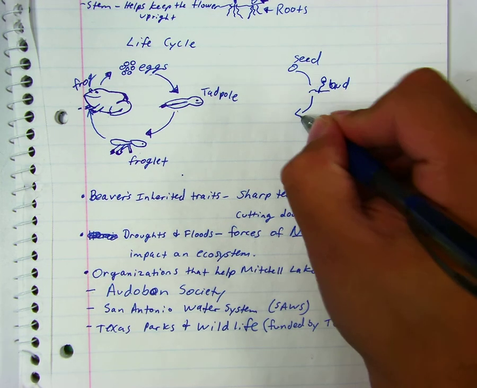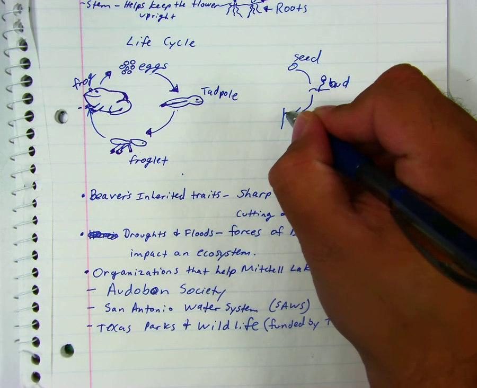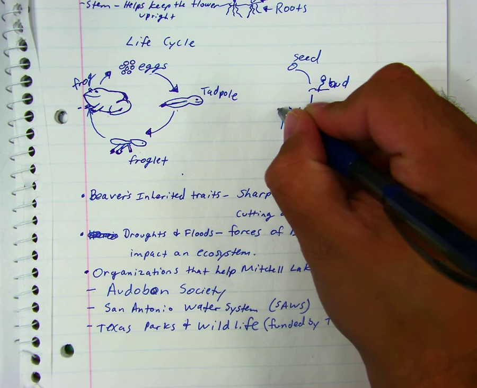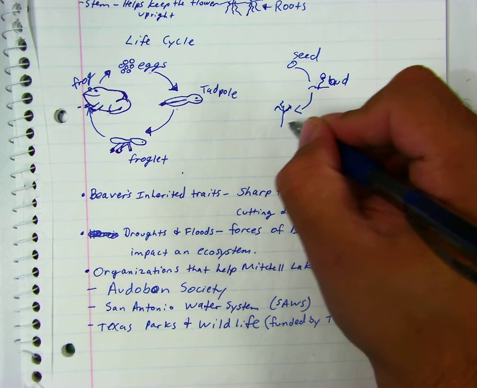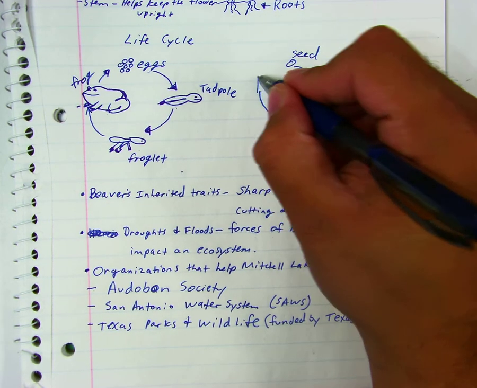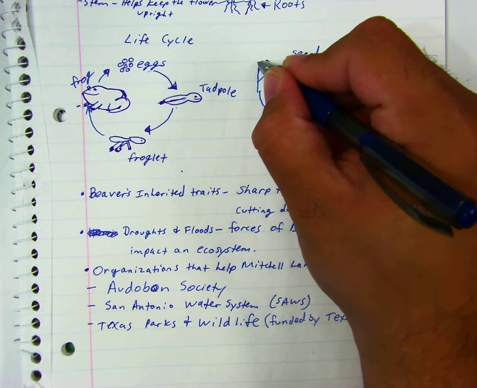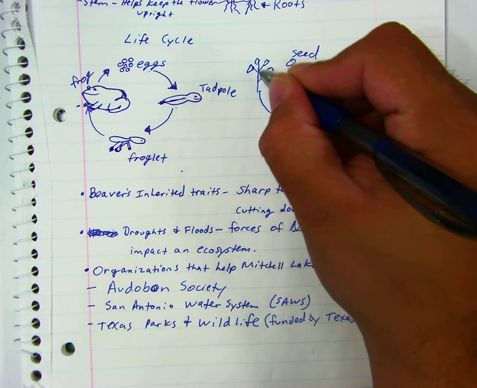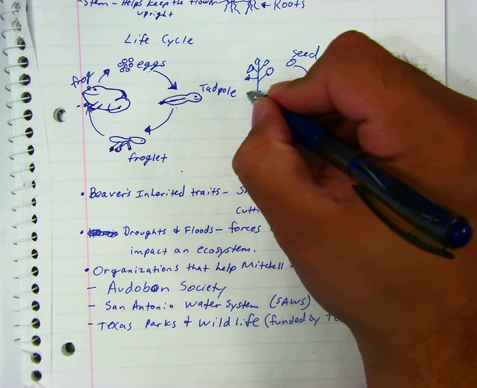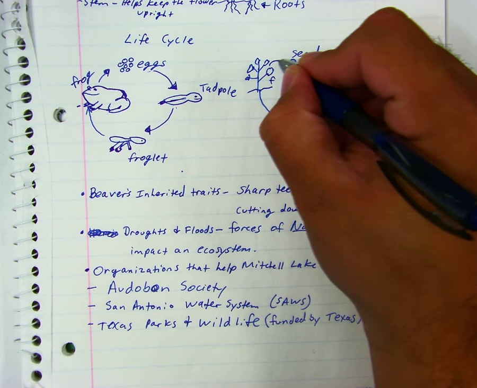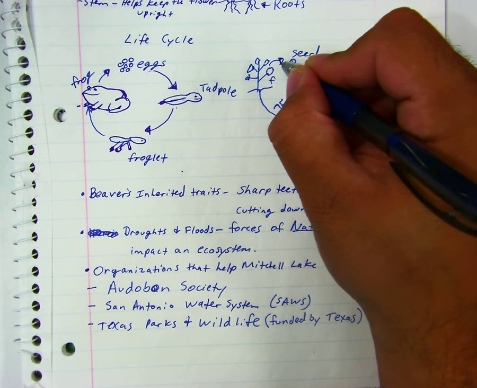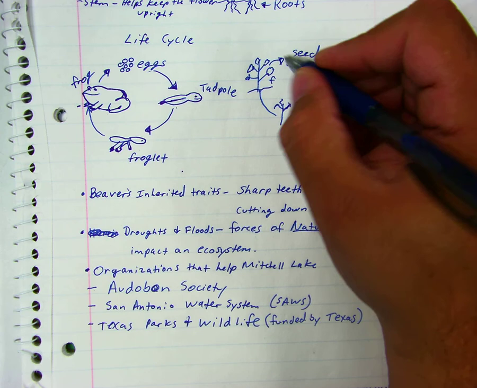We then have a young plant that comes out about to flower. Maybe it's still budding a little bit. Okay, and then we have, of course, our adult plant with all the flowers attached to it. Okay, and this would be our flower, and then again it will pollinate and create more seeds.